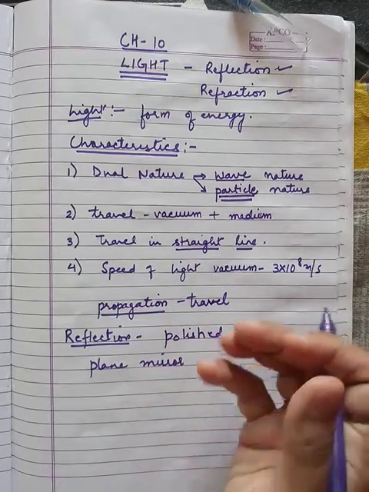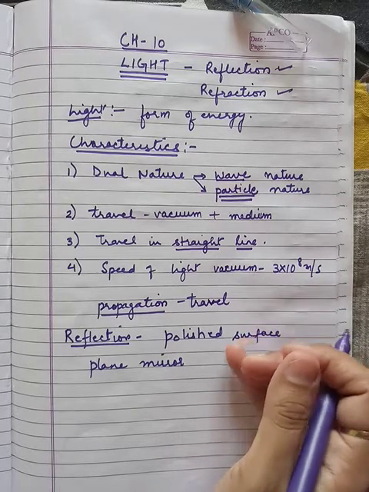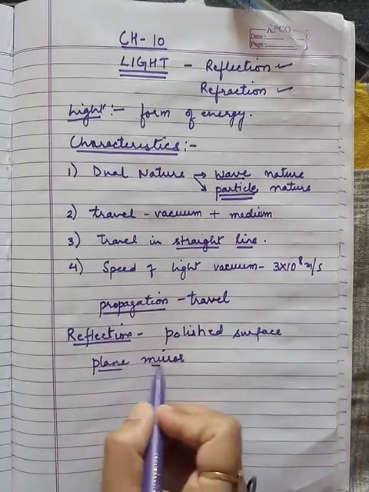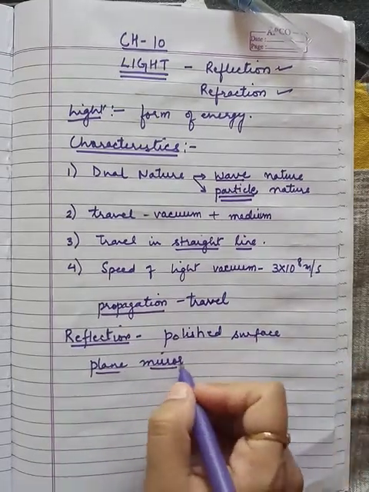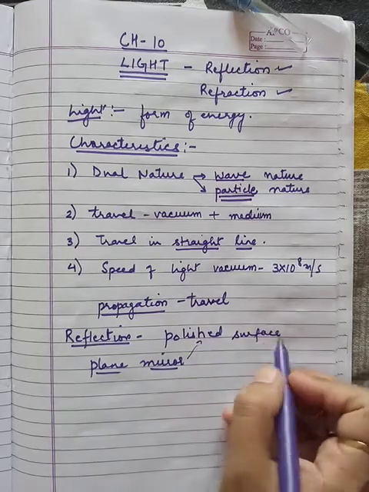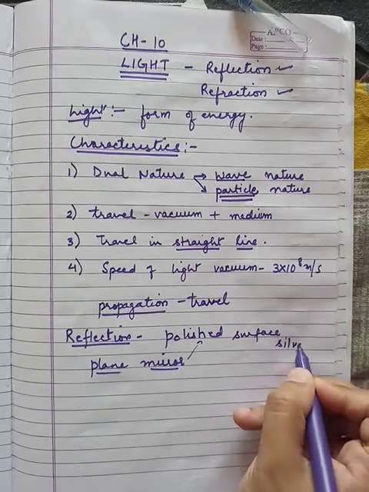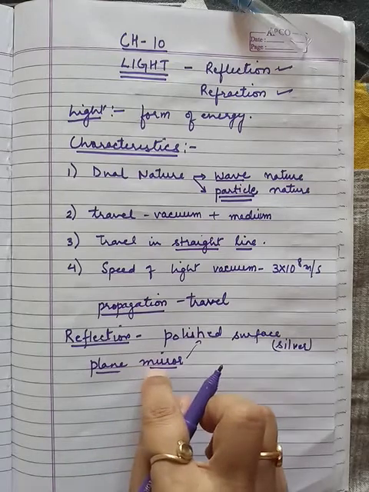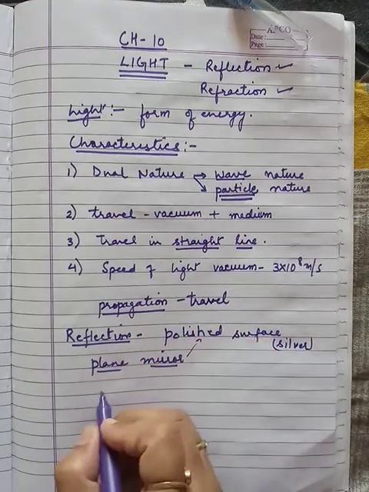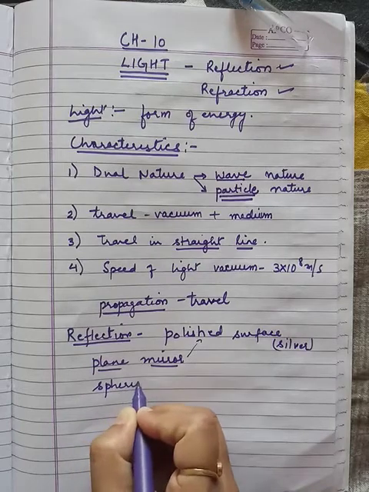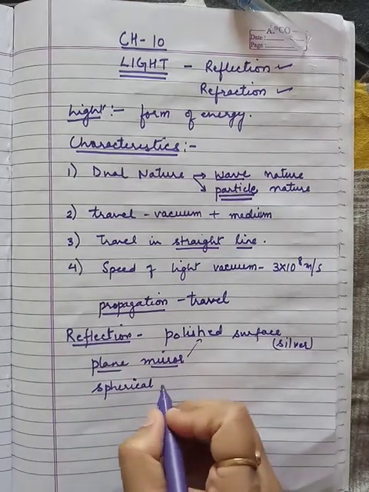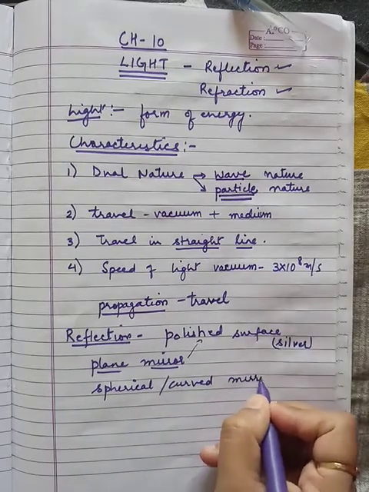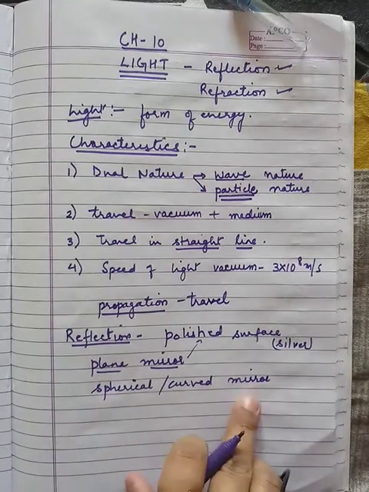If it is newly polished, we can see our reflection over there. So plane mirror is one of the examples. In the case of mirrors, the polished surface is a silver polish, that we know. Okay, and light can reflect from plane surfaces or plane mirrors, and it can reflect from spherical or curved surfaces also.